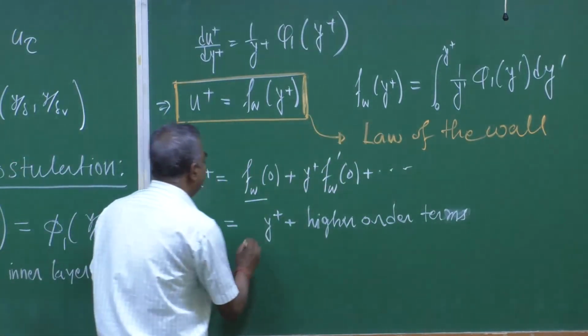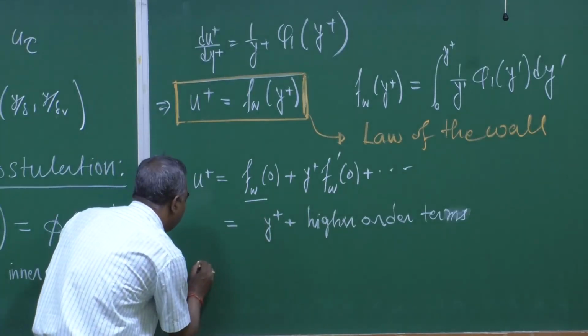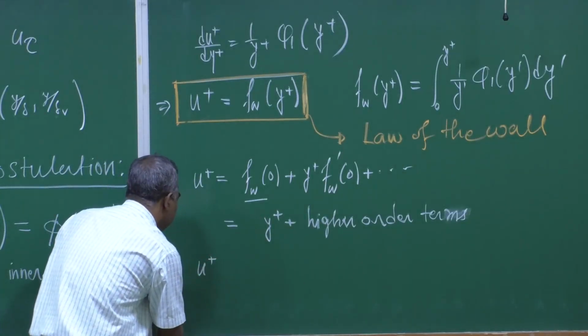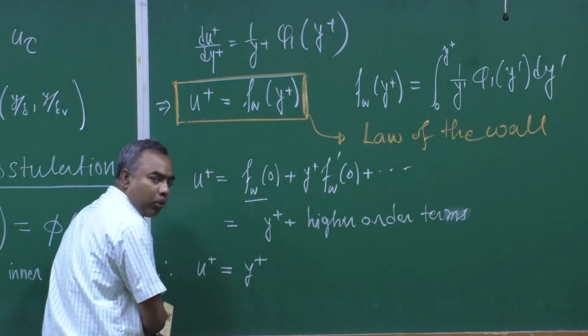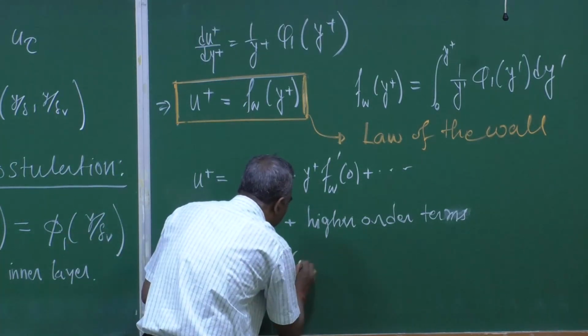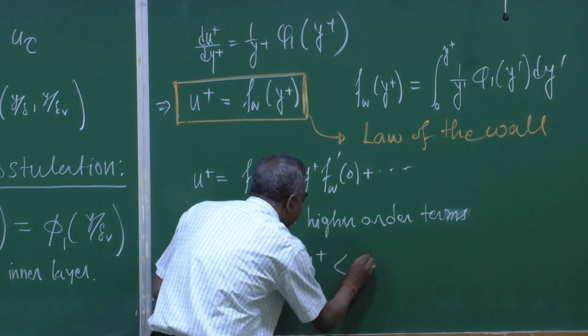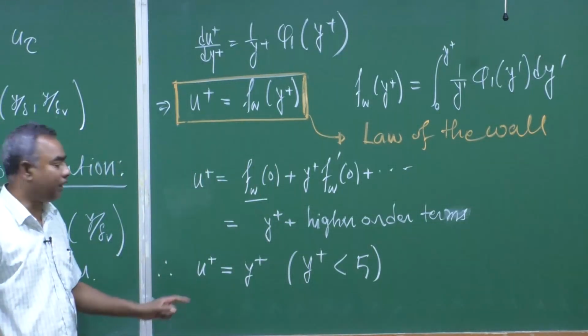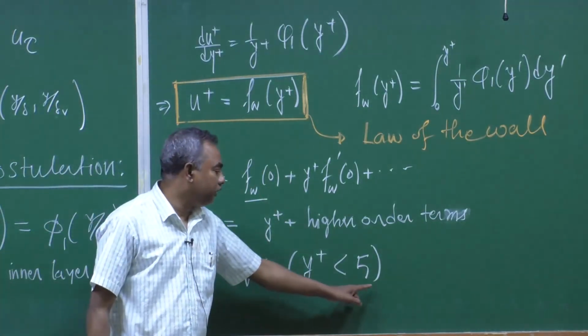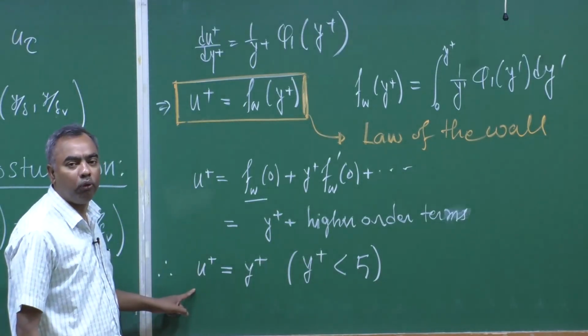So, very close to the wall, u plus is a linear function of y plus, and this holds for y plus less than 5. For y plus less than 5, this particular relation is found to hold good.